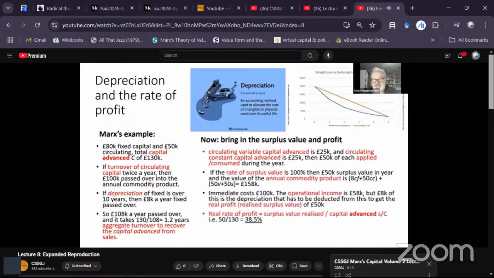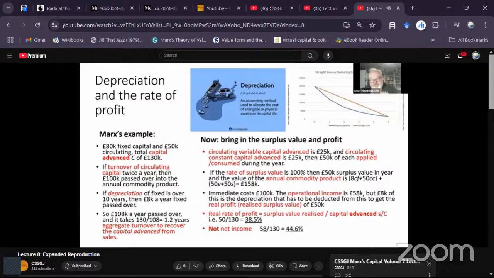Now, the link, of course, is to bring in the question of profit, and the more the capital advanced needs to increase, the lower the rate of profit, and the less the capital advanced, the higher the rate of profit. Now, if you don't take depreciation into account, it would seem that the rate of profit is higher than it really is, because the capitalist has got an income of this extra 8,000 a year, but it's not really profit.